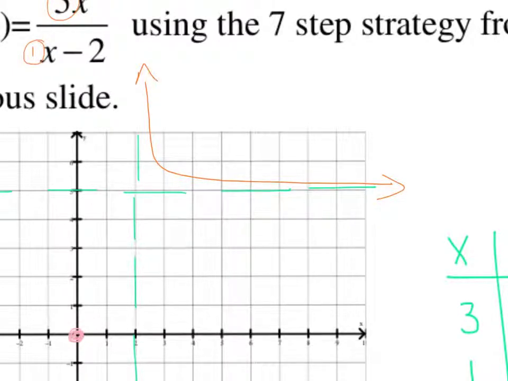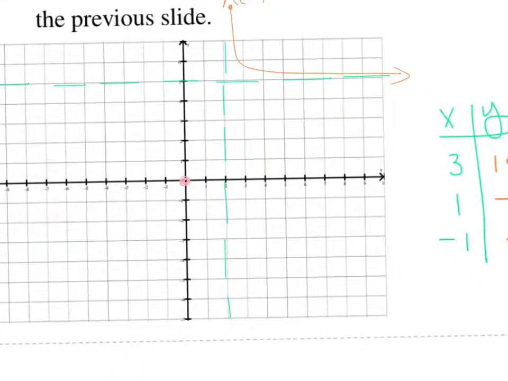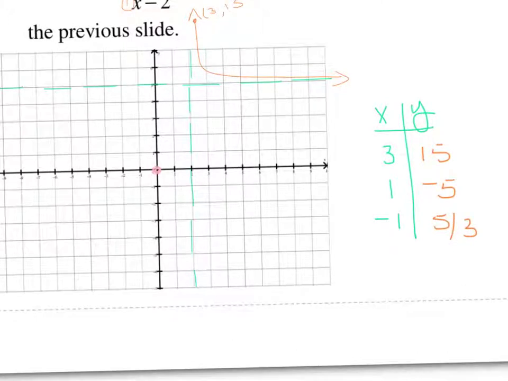So somewhere over here is 15. And now I'm going to graph 1, -5. And I'm going to estimate -1 and 1 2/3. About right here. And now I'm just going to finish my curve.